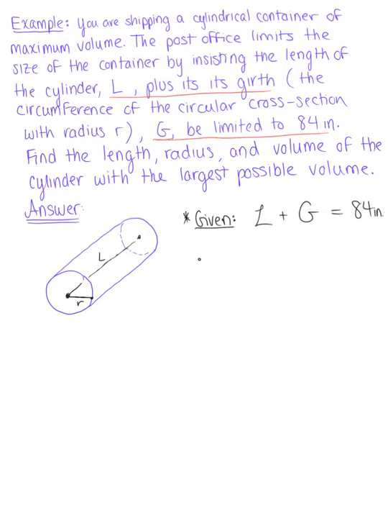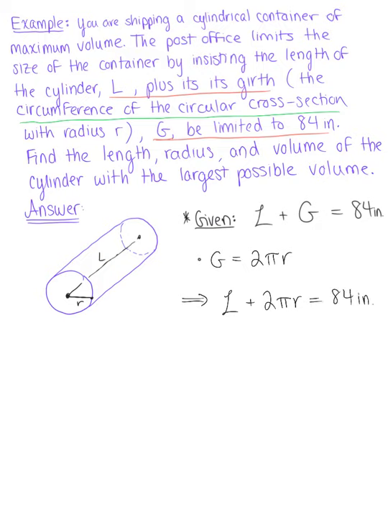And we're also given that the girth is equal to the circumference of the circular cross sections. So that's 2 pi r. So we can further rewrite our constraint as the length plus 2 pi r is equal to 84 inches. And so this is our constraint equation. This is what we are restricted by.